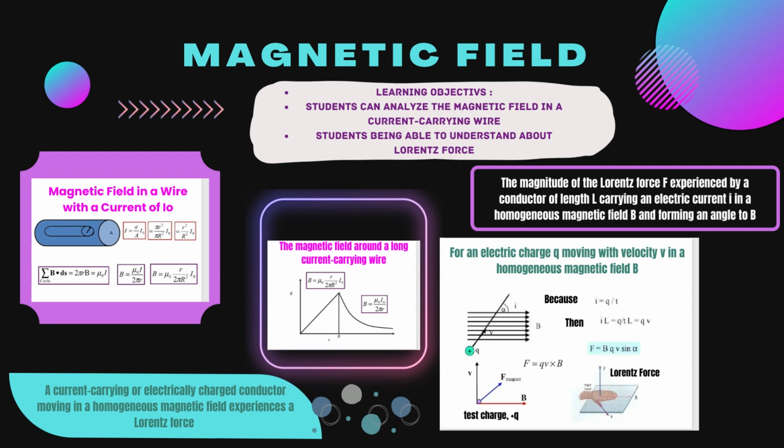The final formula of the Lorentz force is F equals B times Q times V sin alpha. A current carrying or electrically charged conductor moving in a homogeneous magnetic field experiences a Lorentz force.